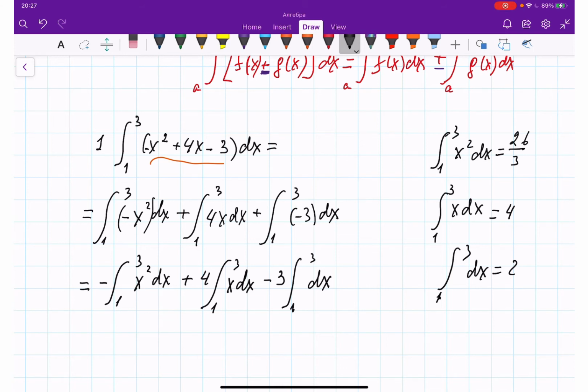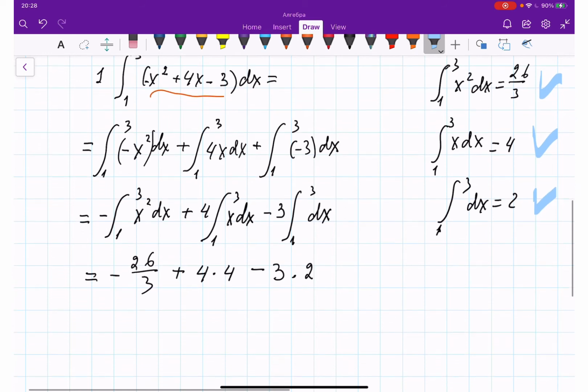Here we have the integral of x squared dx, it's going to be negative 26 over 3, plus 4 times, since the integral of x dx is 4, we are multiplying 4 times 4, and minus 3 times the integral of dx, which is 2.